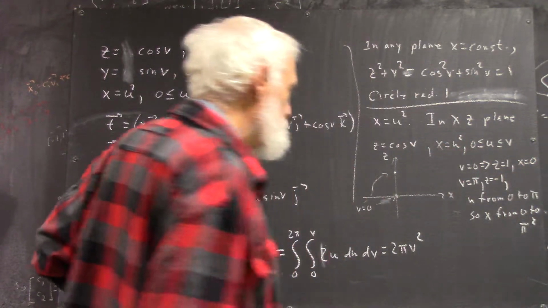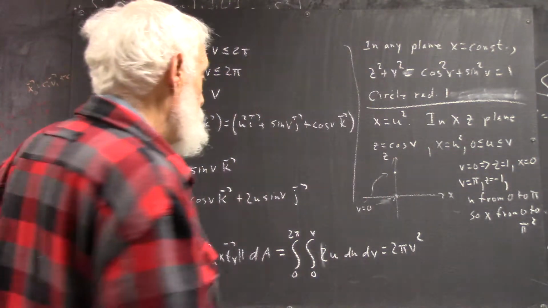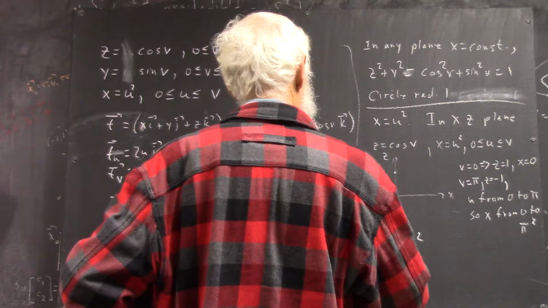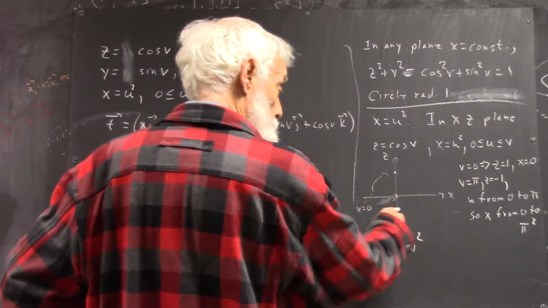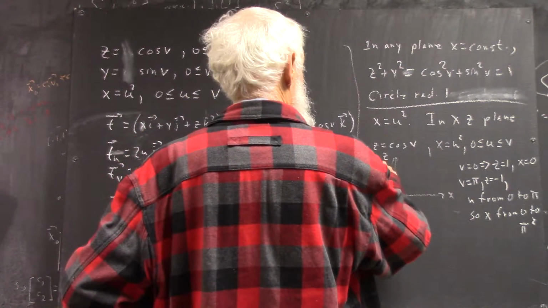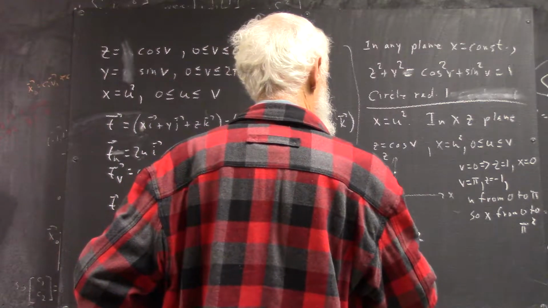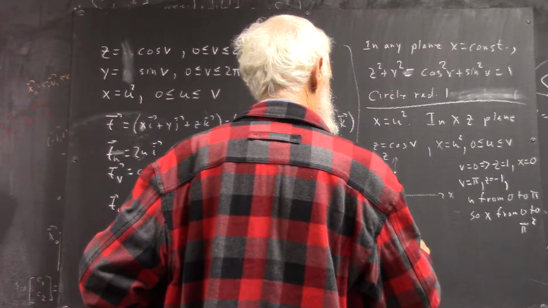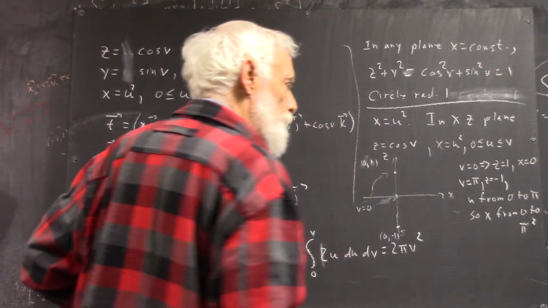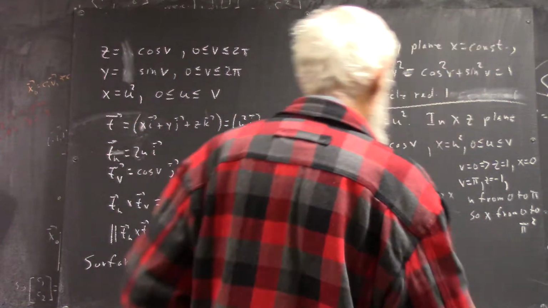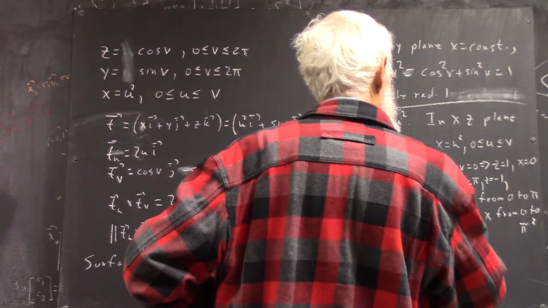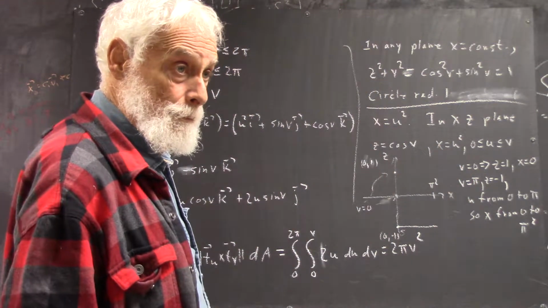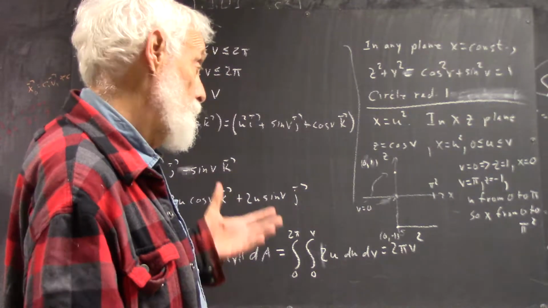So x goes from 0 to pi squared. So v equals pi. We have negative 1 down here. Okay, so this would be the point 0, 1. This would be the point 0, negative 1. And x would go from 0 to pi squared. So you have all these x values out here to pi squared. Okay? That's a little weird.